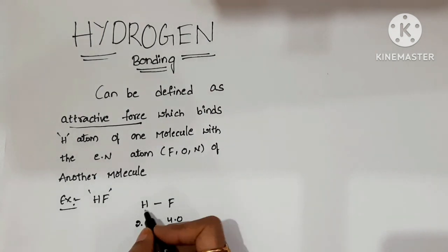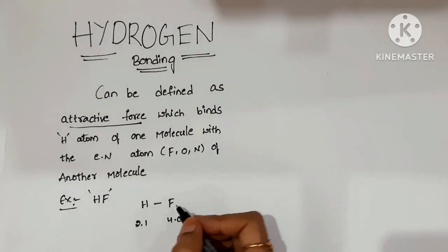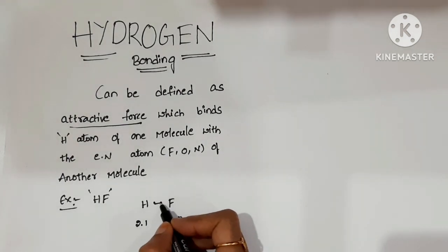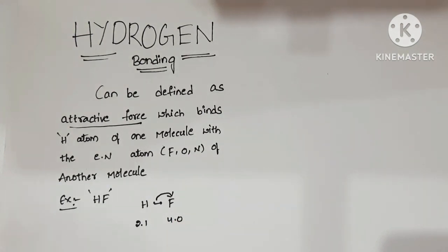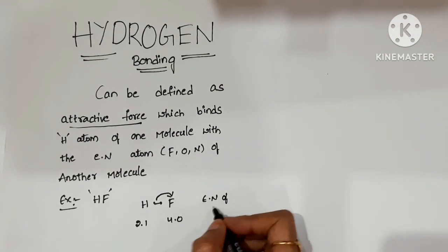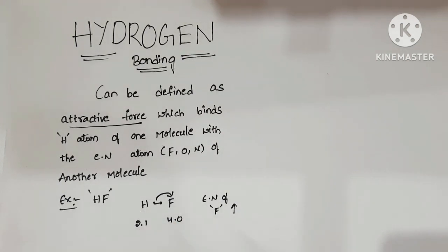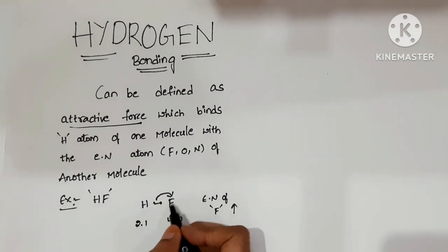So when hydrogen forms a bond with fluorine, what happens? The electronegativity of fluorine is very high, so the shared pair of electrons is attracted towards the fluorine atom.